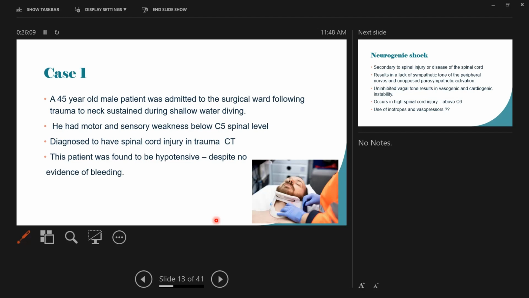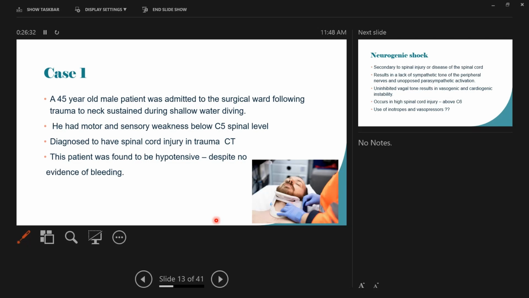After a trauma CT, he was diagnosed to have a spinal cord injury at the level of C5. Then you do the fluid resuscitation, and you think about any other injuries of this patient, and found to have no other injuries, but this patient was continuously found to be hypotensive.